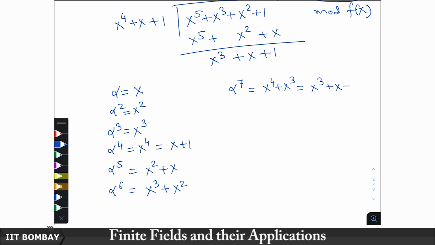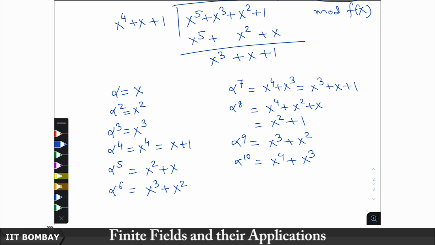Again when we divide it by x 4 plus x plus 1, this is x cube plus x plus 1, alpha power 8 is x 4 plus x square plus x, and again when we divide by x 4 plus x plus 1, we get x square plus 1, alpha power 9 is x cube plus x square, alpha power 10 is x 4 plus x cube, which is when divided by x 4 plus x plus 1, the remainder becomes x cube plus x plus 1.